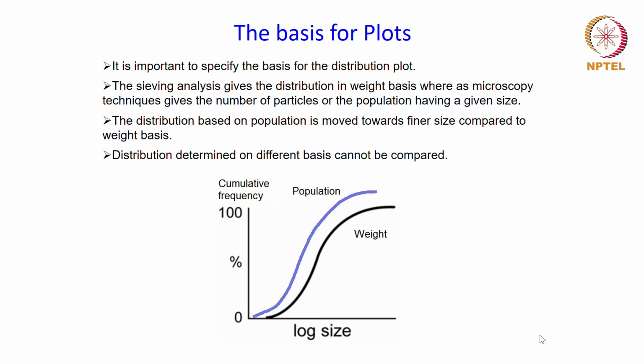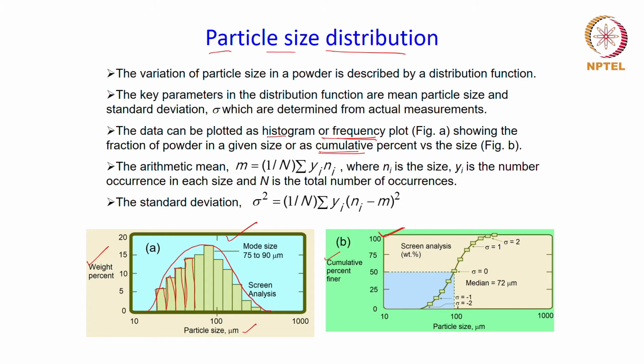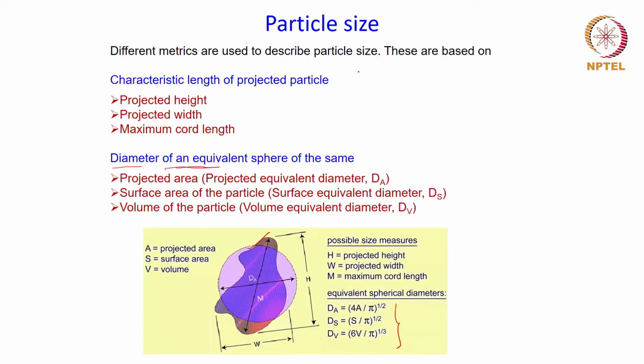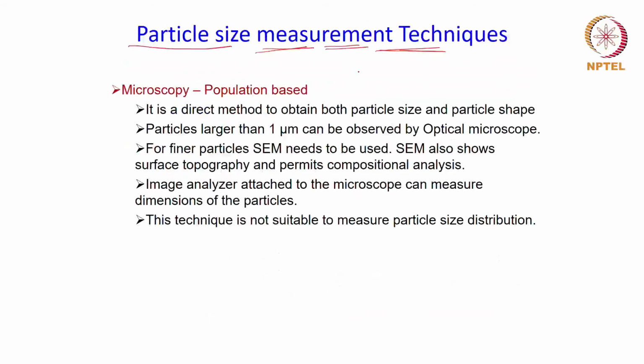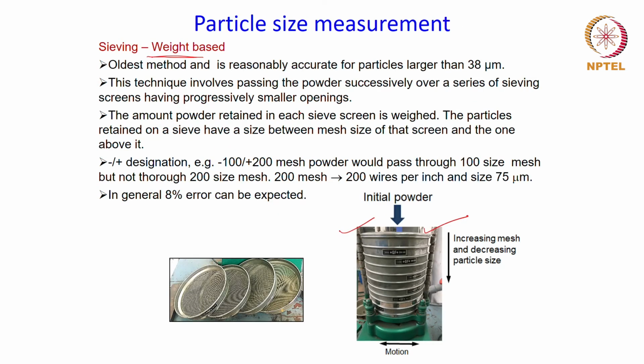And one thing I must mention over here is that when you are representing the cumulative plots, it is important to specify the basis for the distribution, because what we have seen is that the data is collected based upon a different basis, like it can be population based or it can be weight based.